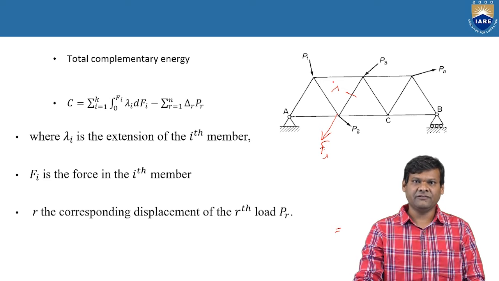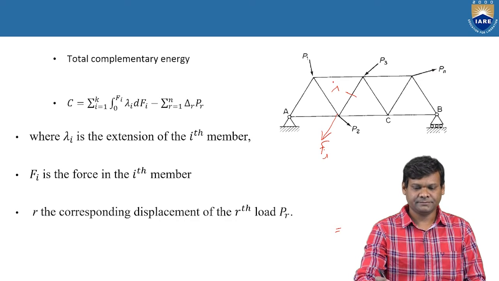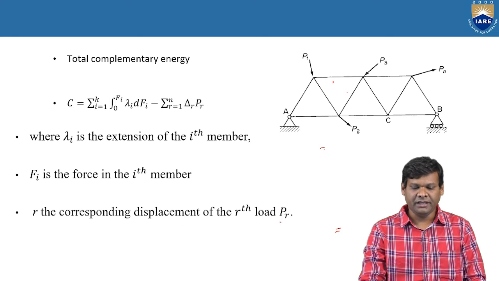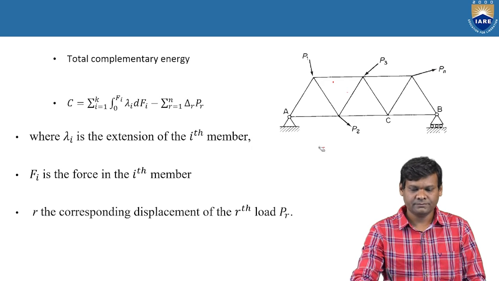Applied load is completely different from the force which we are discussing. When we apply a load, there is some force which is acting within the member. That might be a compression or tension. And next, r corresponds to the displacement of the rth load P.